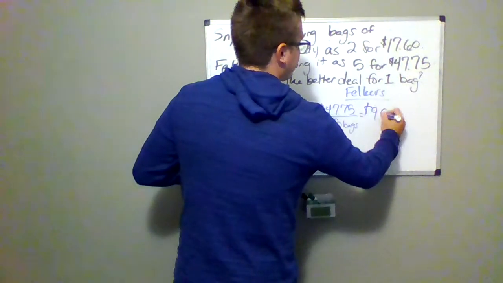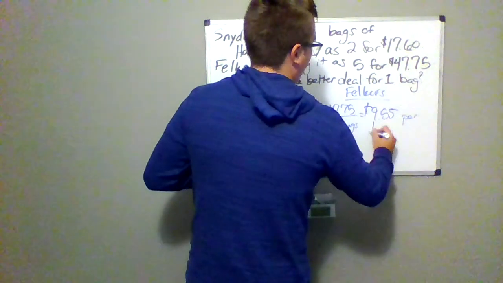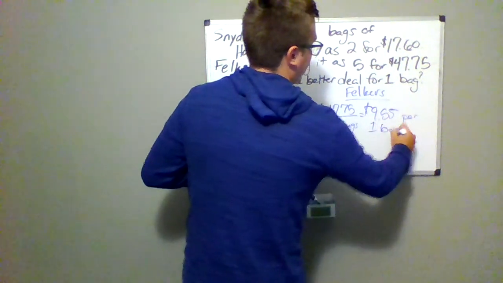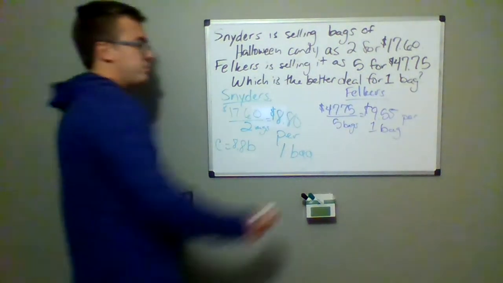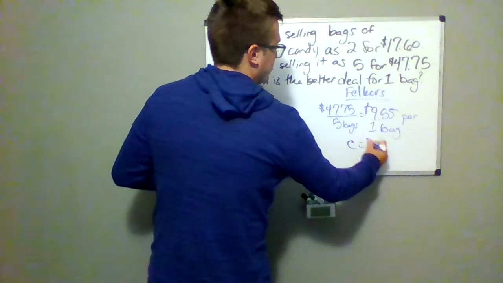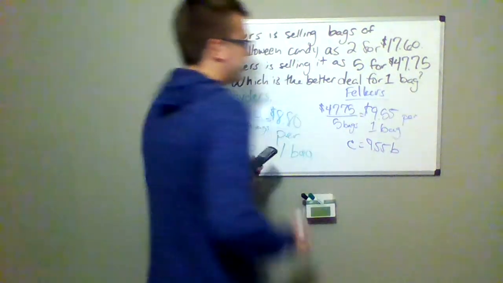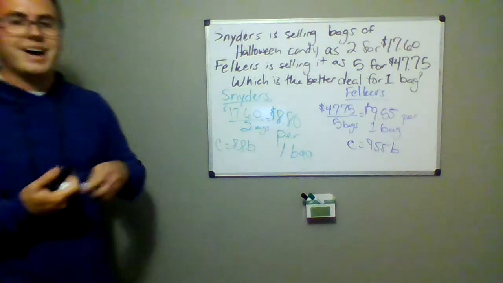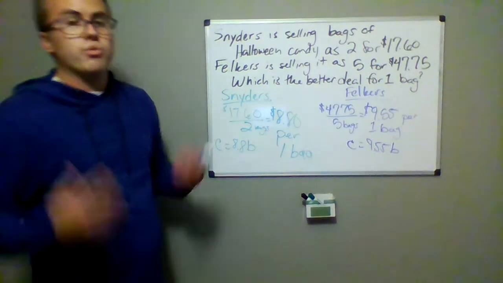So $9.55 per 1 bag, which means my equation for Felkers would be C equals 9.55 times B. C equals 9.55B. Now all we have to figure out, okay, which one's the better deal for 1 bag?